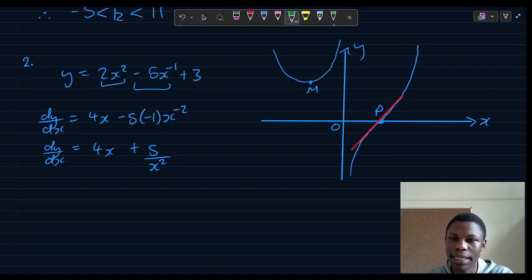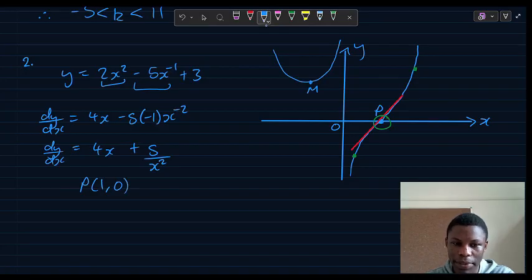So if I wanted the gradient of the curve at a point, I just need to know what the x value is and substitute it into the gradient function dy/dx, and I get the gradient. In this case, we want the gradient at this point P. We know that at P, our coordinates are 1, 0, as given by the question.